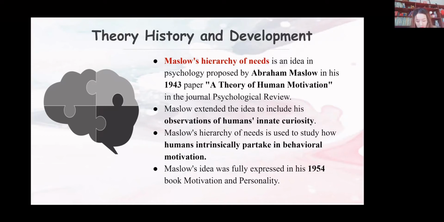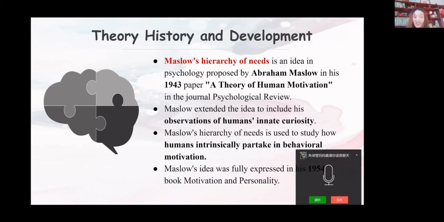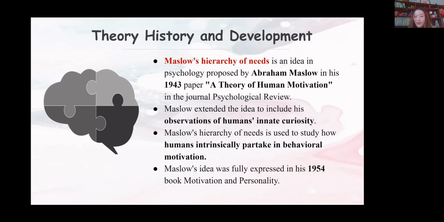Maslow extended the idea to include his observation of humans' innate curiosity, and this theory is used to study how humans intrinsically partake in behavioral motivation. Maslow's idea was fully explored in his 1954 book Motivation and Personality.